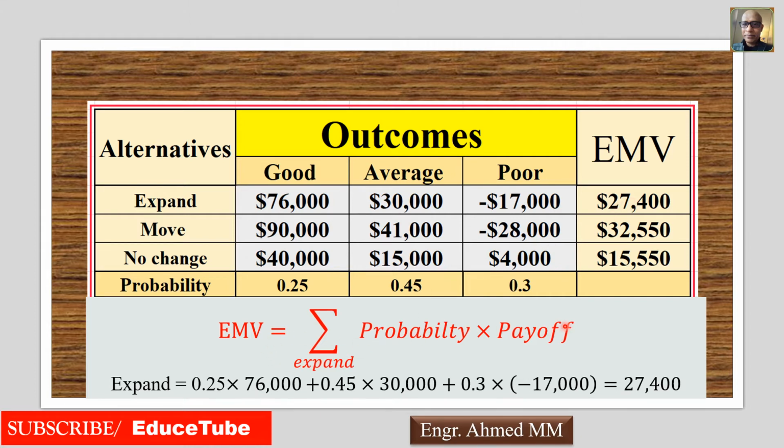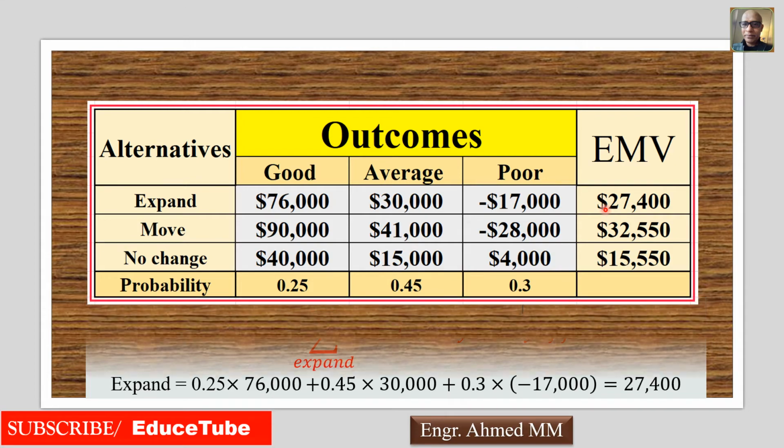Using this equation, probability and payoff. So we'll multiply 0.25 by 76,000, 0.45 by 30,000, 0.3 by minus 17,000. We can see it here. And we got 27,400. That's the value here.